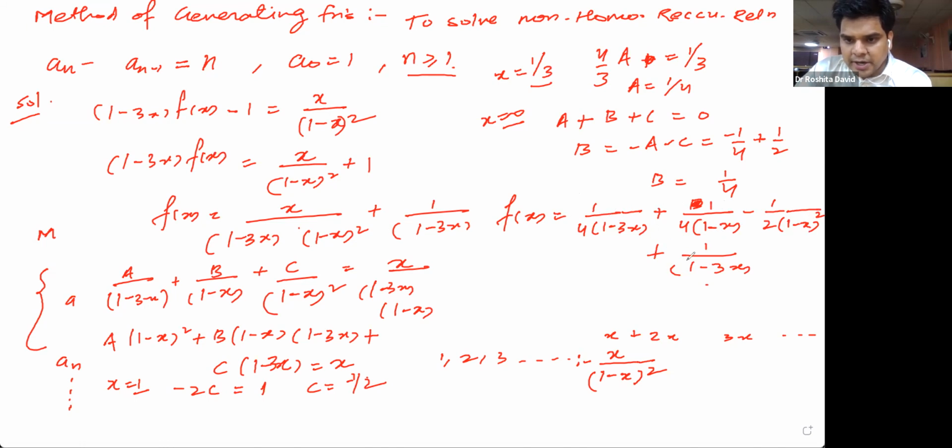These are like terms, so we can add 1 plus 4 plus 1, so it's going to be 5 by 4. So you can apply the binomial expansion or the generating function concept to get these values.